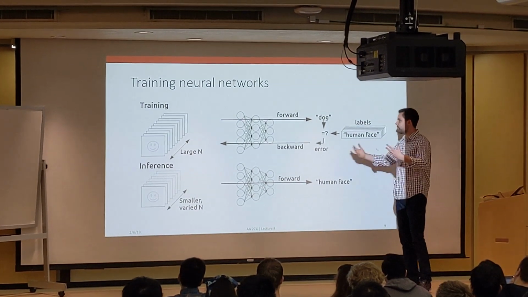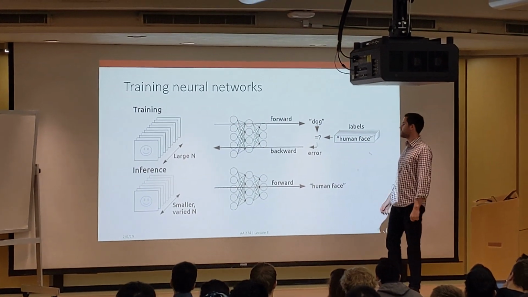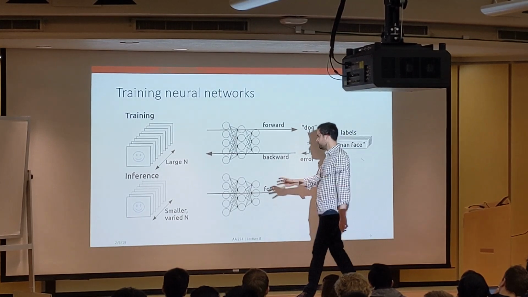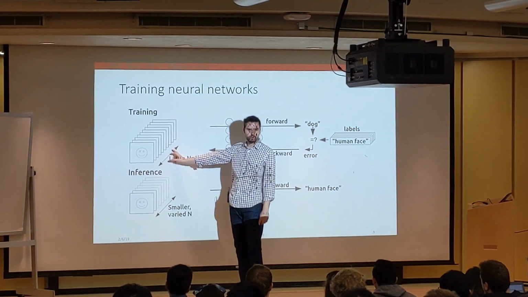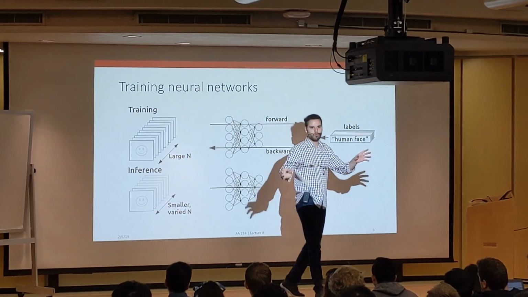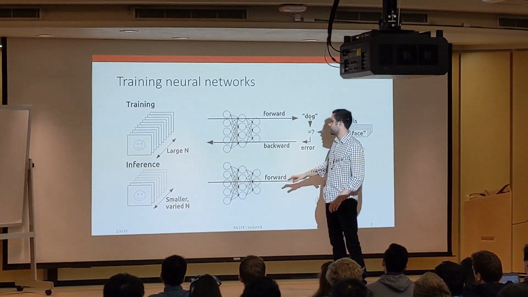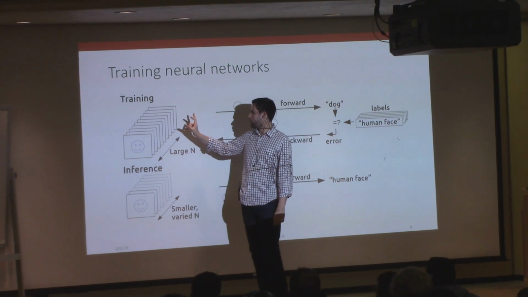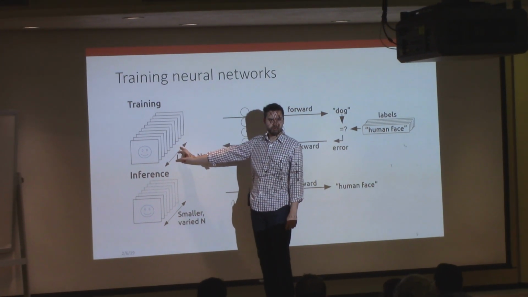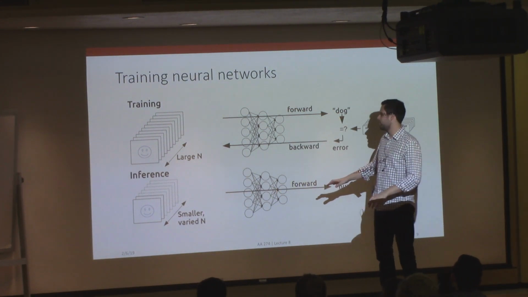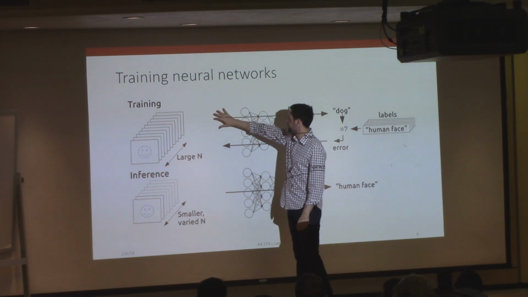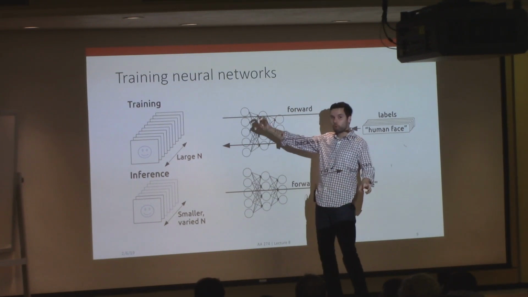So to step back and put some pictures to these words, when you're training, you remember that we have a massive data set, could be millions of images or whatever, or millions of data points in this case. So we subsample, we step, we forward propagate.